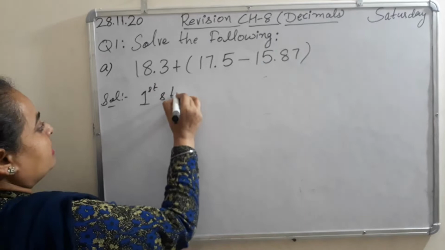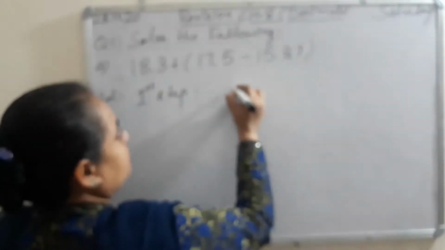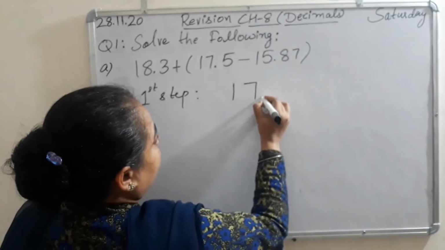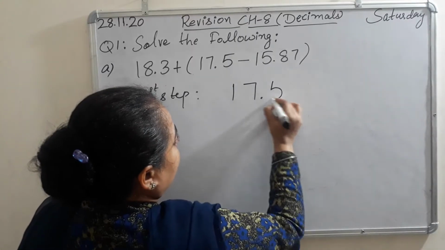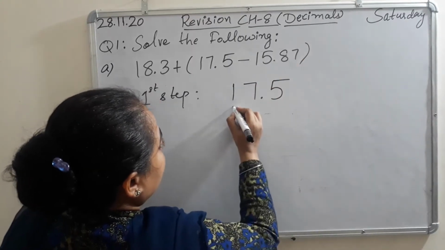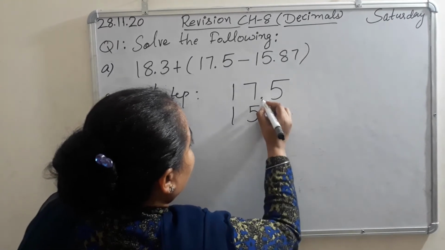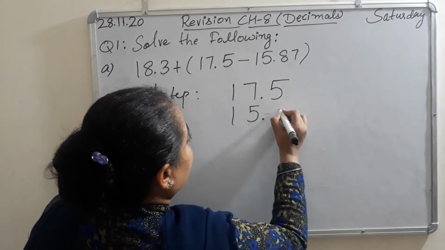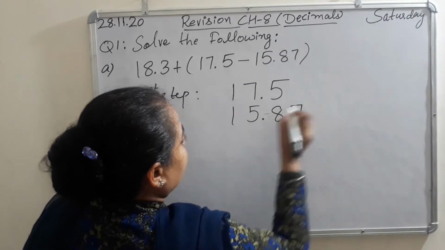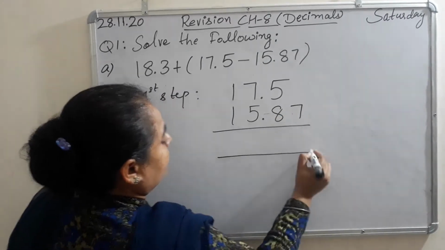In the first step, we will solve this bracket. So, 17.5, 15.87, minus.